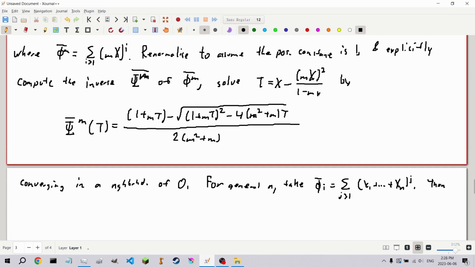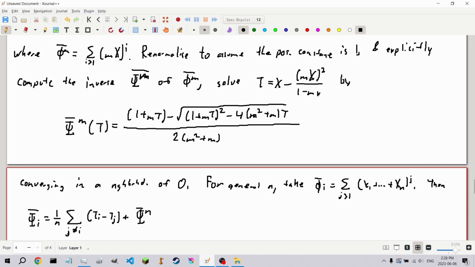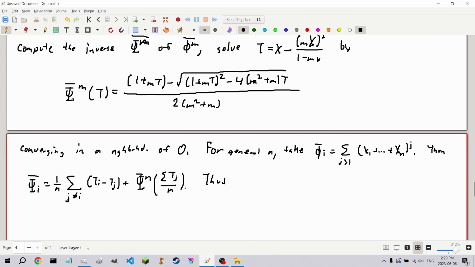And then the explicit solution, we have phi bar of i to be 1 over n times the sum for j distinct from i of ti minus tj plus phi bar to the n of the sum of our tj's over n. And then this gives us that the sum of our phi bar i's is n times phi bar to the n times the sum of our tj over n.